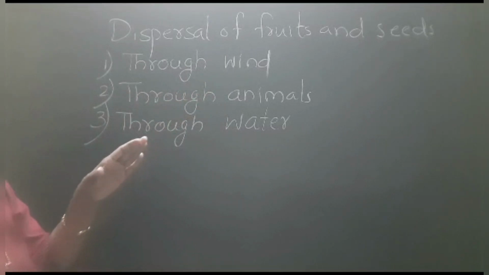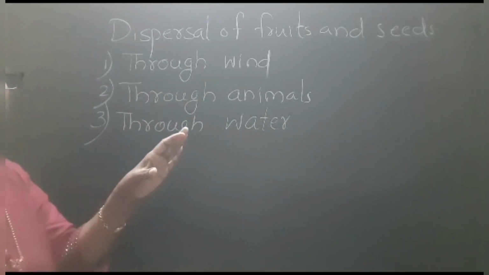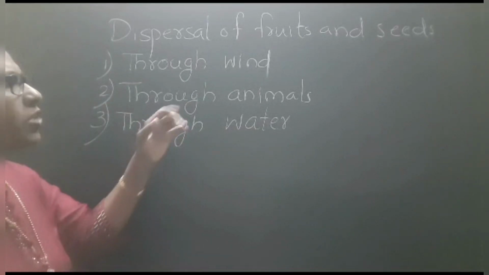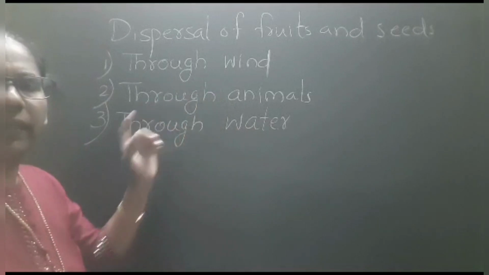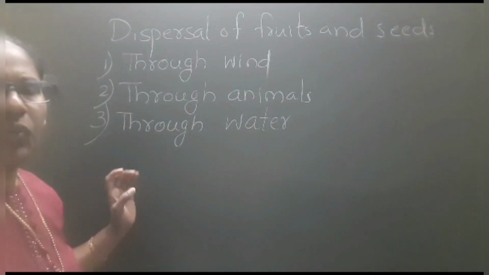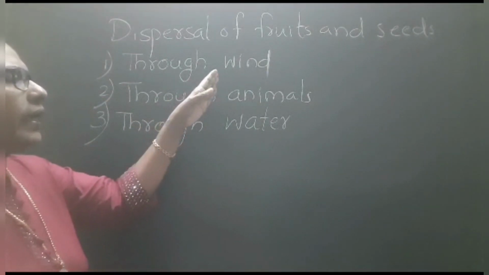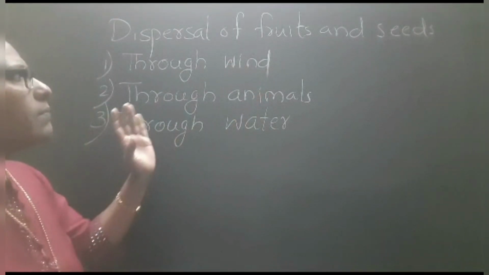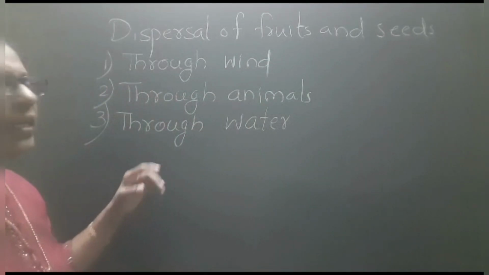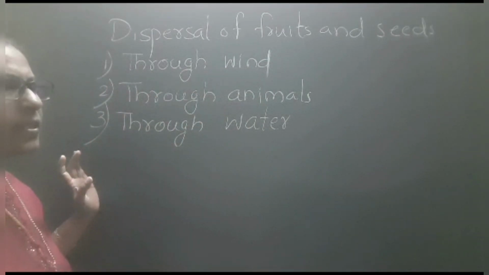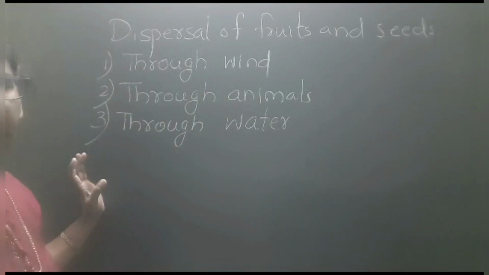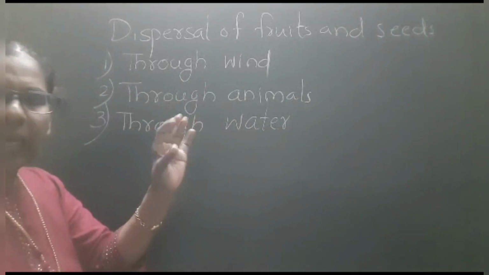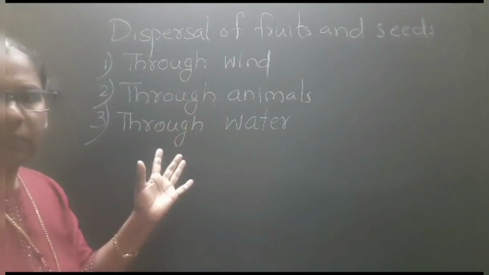Seeds which are very light, which have a feathery structure or wing-like structure, can float in the air. So it is easy for the wind to carry the seeds, and that is how seed dispersal takes place through wind. Once the fruit is ready, the fruit ruptures and the seeds scatter.